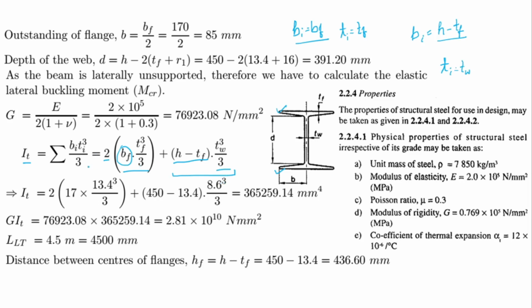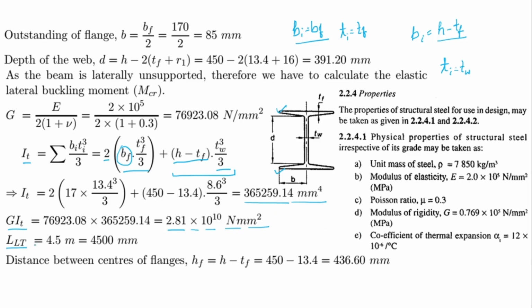So if I put the corresponding values of BF, TF, H, TW, etc., we shall finally get the IT as 365,259.14 mm to the power 4. So G into IT is calculated as 2.81 into 10 to the power 10 Newton mm square.